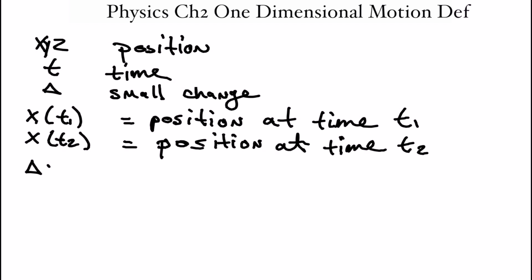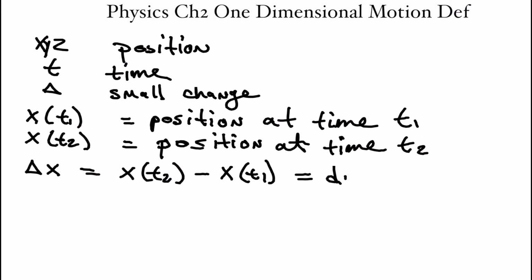So if you see delta x, or change in x, this means x of t2 minus x of t1, and this essentially is just displacement. Displacement can be positive or it can also be negative. That'll be important in a minute.